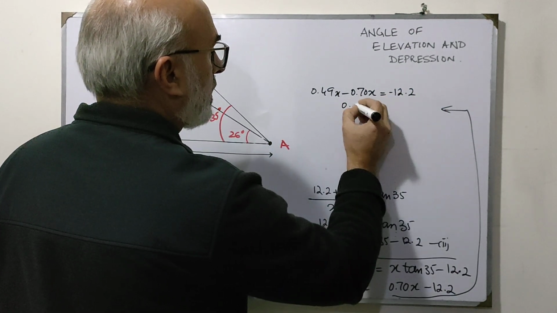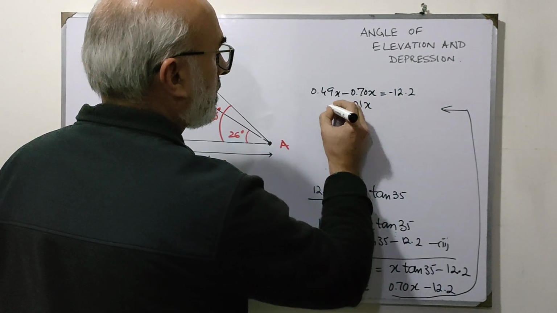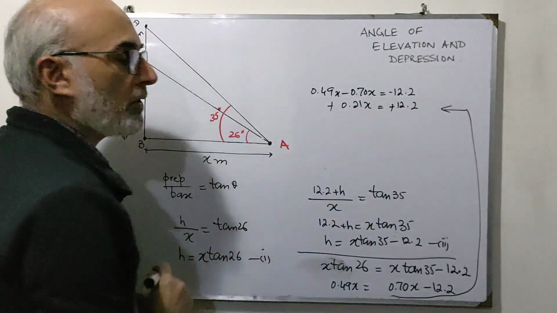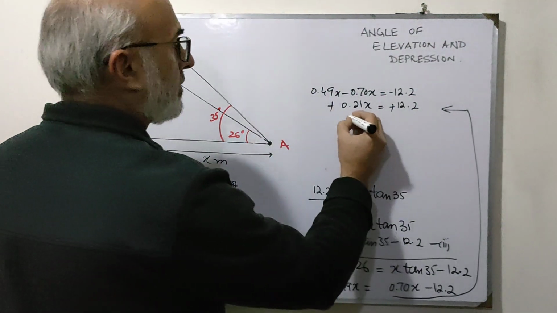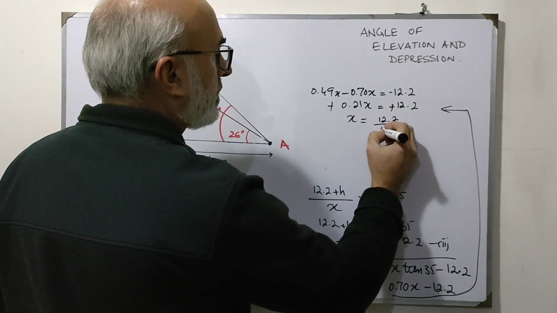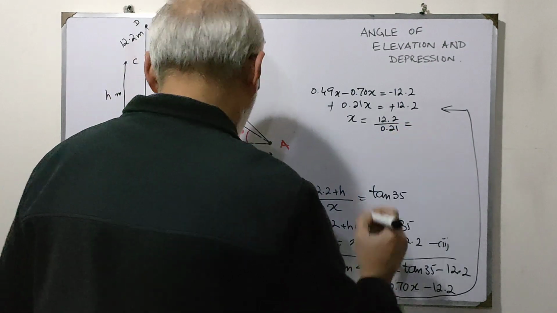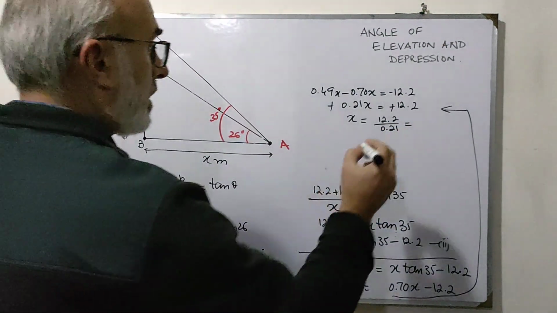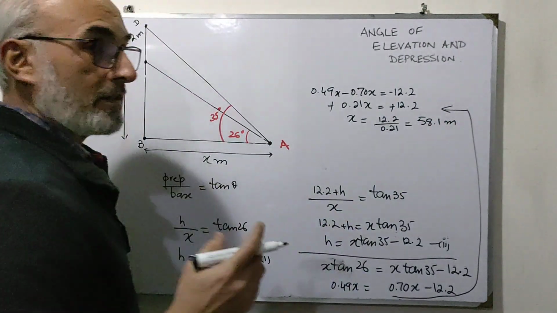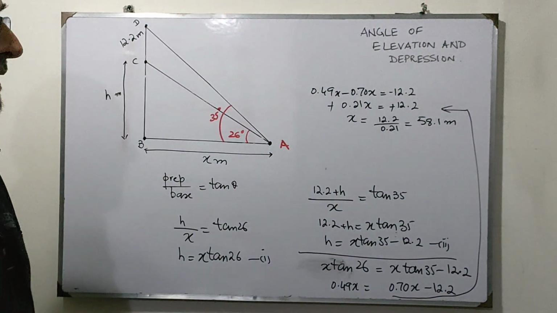So it is minus 0.21x is equal to minus 12.2, so the negatives cancel out. And we have x is equal to 12.2 over 0.21, which is 58.1 meters. So this is still not the height of the building, it's just the x.